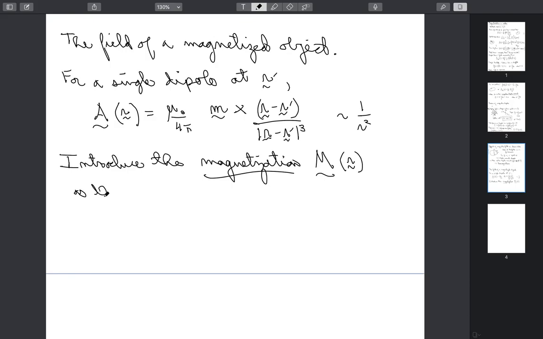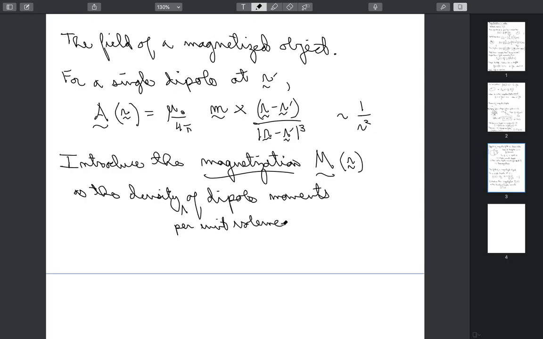Okay, so here by density I mean per unit volume, right?